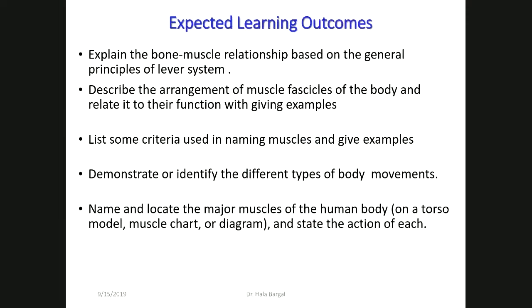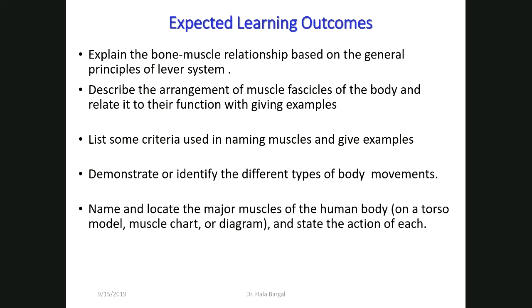What are the expected learning outcomes? We need to explain the bone and muscle relationship based on the general principles of the lever system. Describe the arrangement of the muscle fibers of the body and relate it to their function, giving examples.